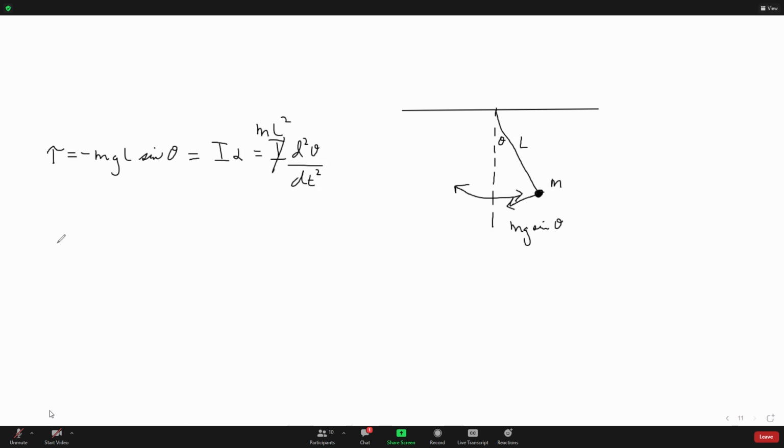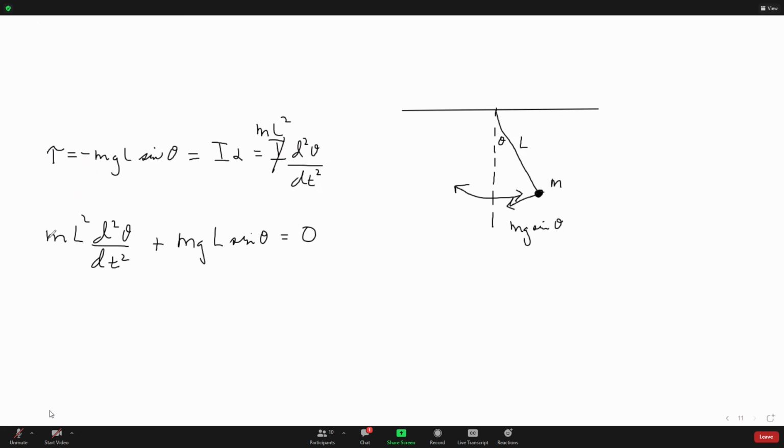So here's my equation for a simple pendulum. ml squared d squared theta dt squared plus mgl sine theta equals 0.